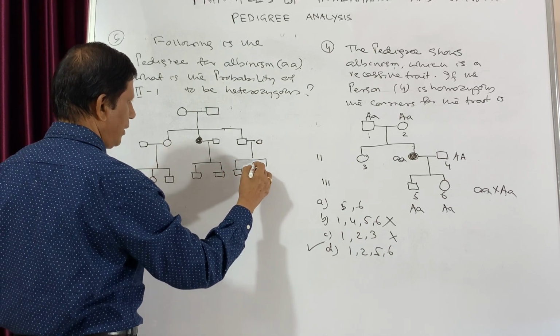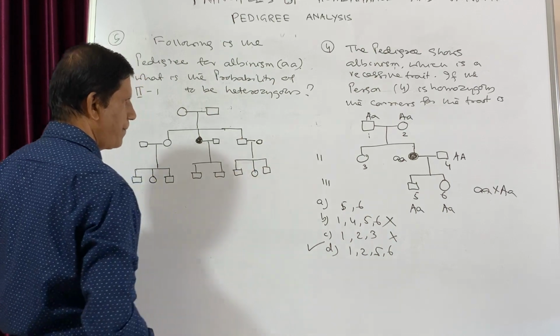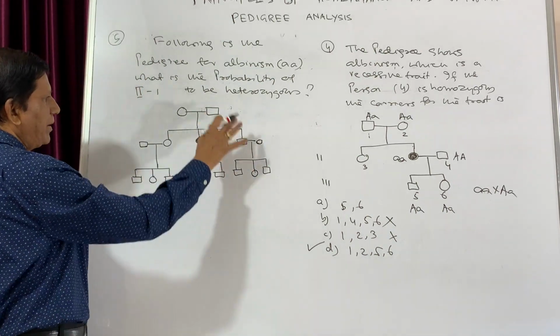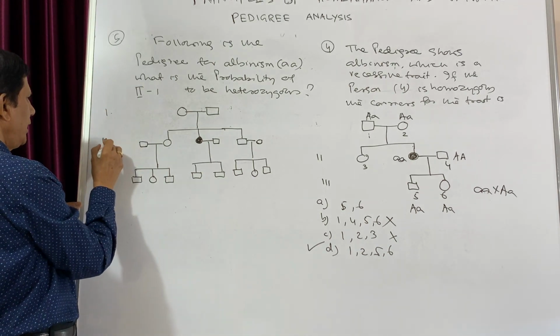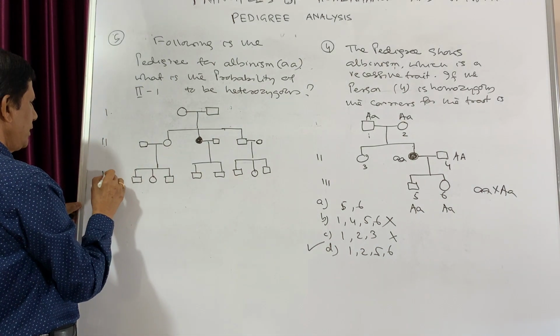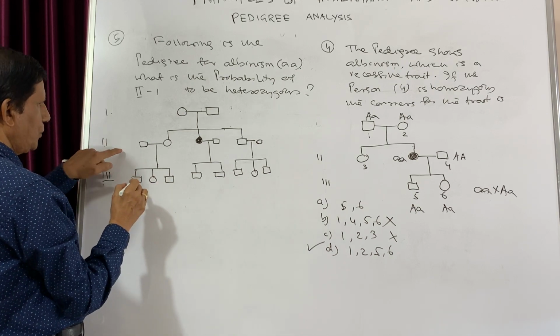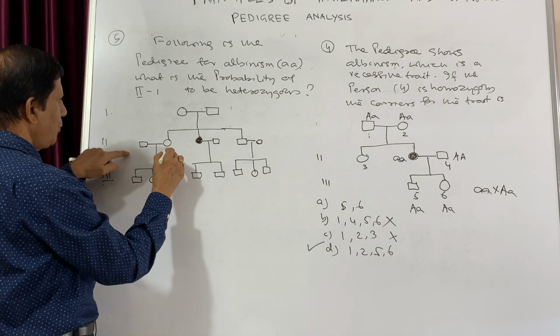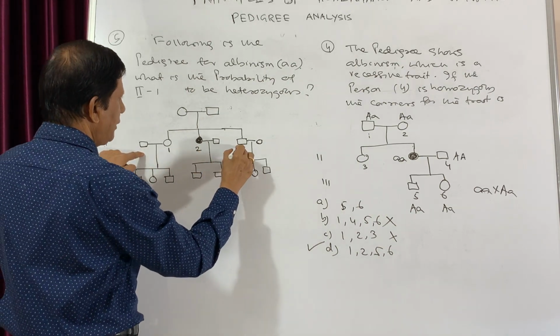The first is son, second is daughter, the third is son. So in this entire pedigree, only one is affected. This is generation 1, generation 2, and generation 3. In generation 2, this one is 1, this one is 2, and this one is 3.